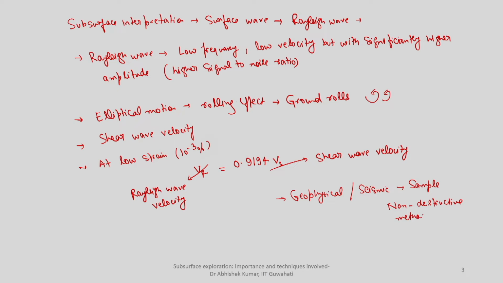So, when it is non-destructive, you are not getting a sample, you have to classify based on some parameter which is an indication of what kind of medium is available at or beneath the ground surface.